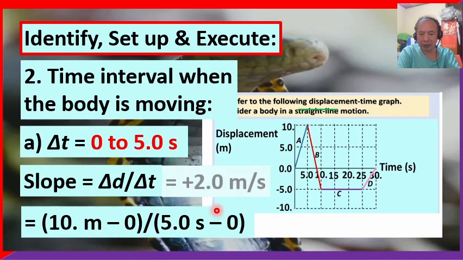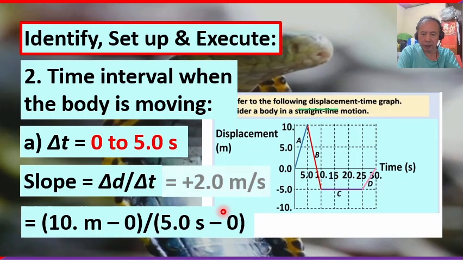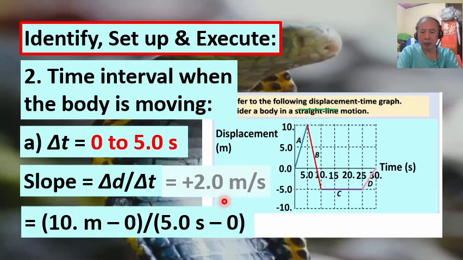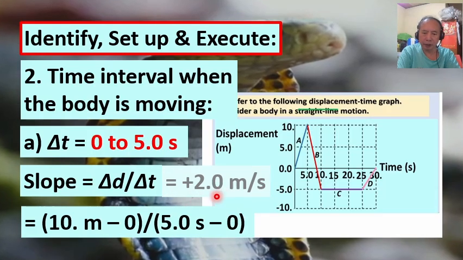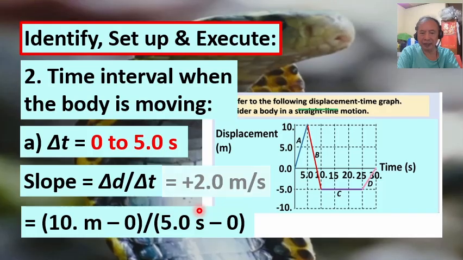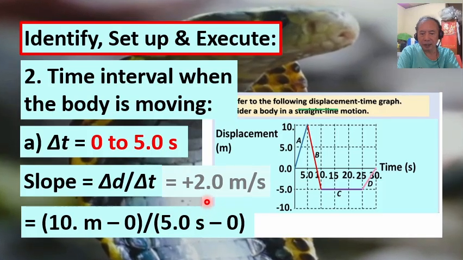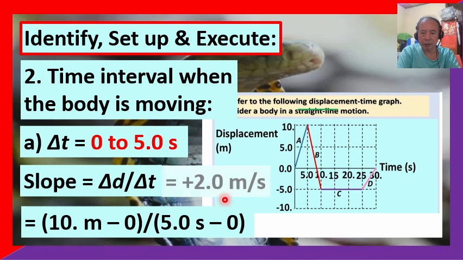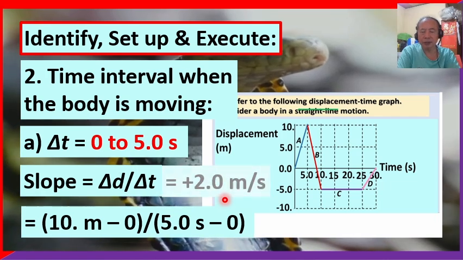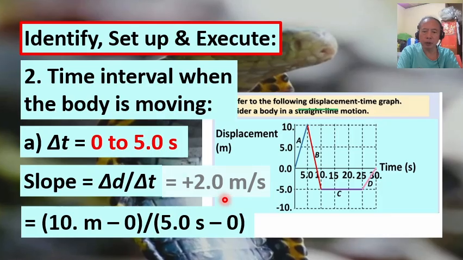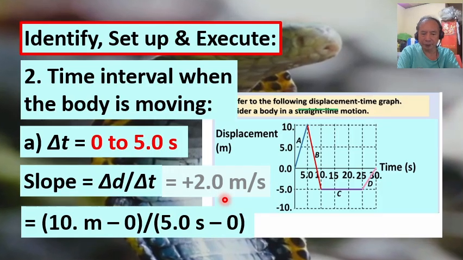This simply means that the body is moving with a constant magnitude of the velocity, 2.0 meter per second. And it is heading towards the positive x direction, which we assume to be the eastward direction.